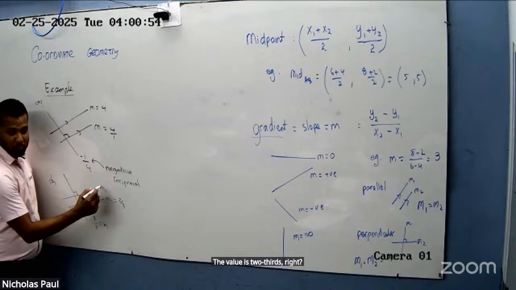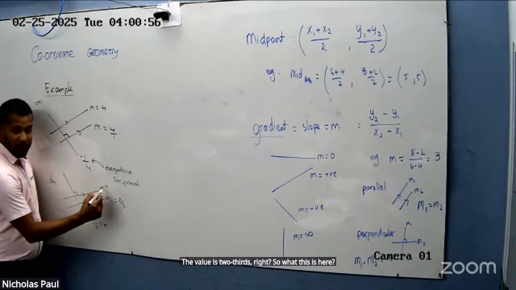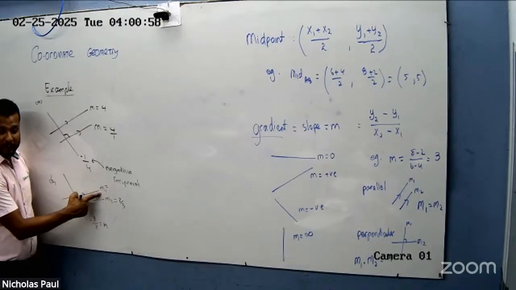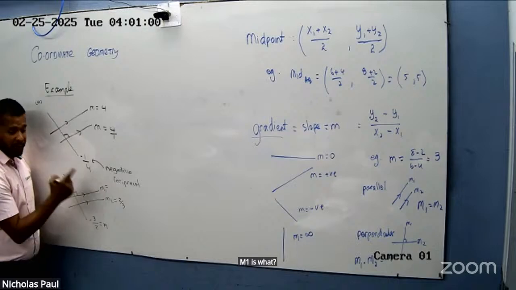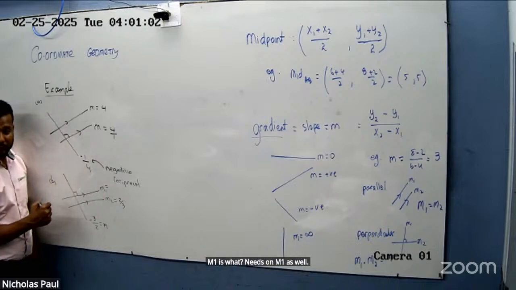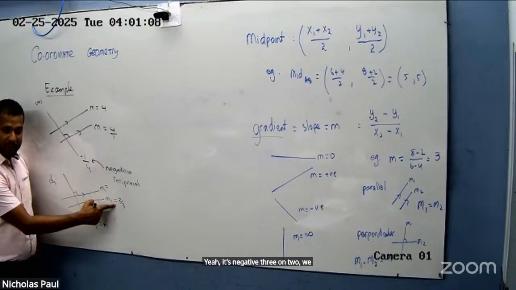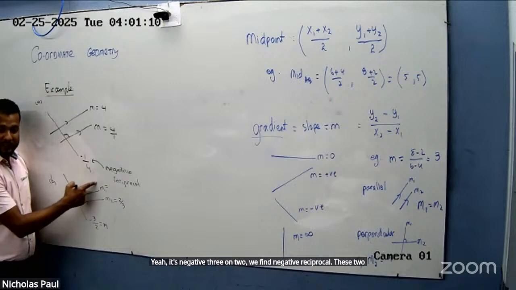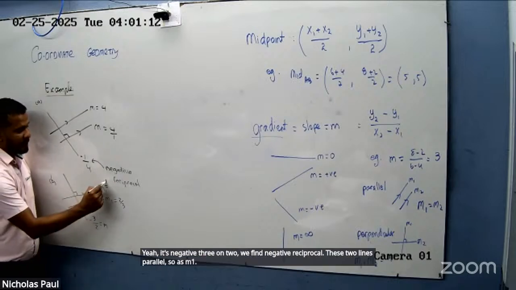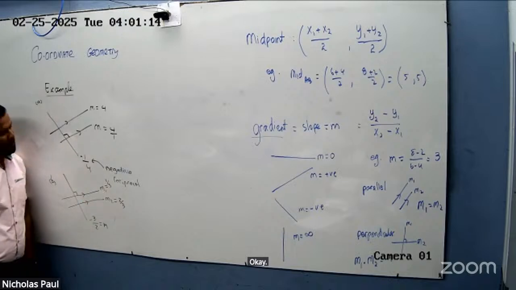So what is this here? M1 is what? Nathan, M1 is what? Here is negative 3 and 2. We find the negative reciprocal. These two lines are parallel. So what's M1? 2/3. Okay, copy it down.